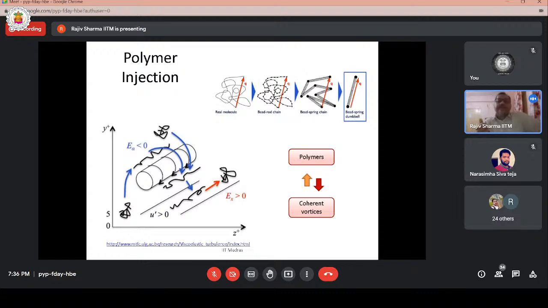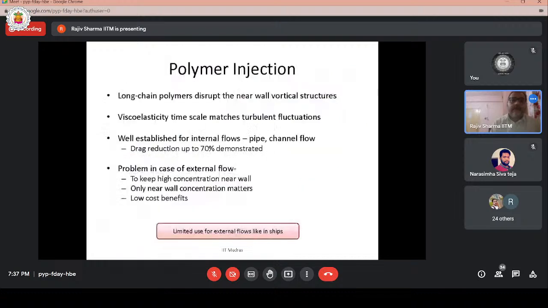That is something which affects what we call coherent vortices. It affects the basic modulus, that is the shear modulus of elasticity, the basic fundamental properties, molecular binding, etc. What is the beauty of this?